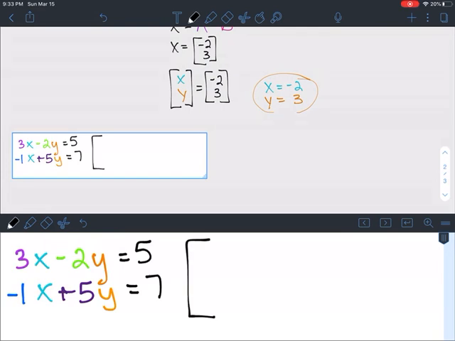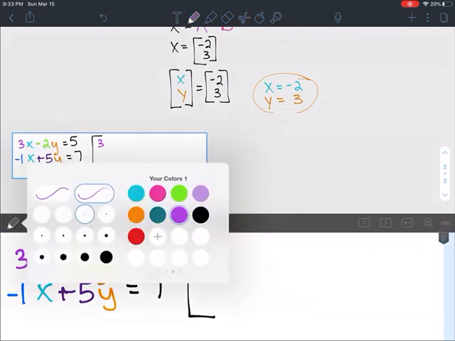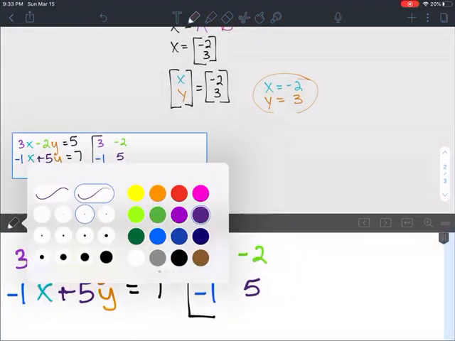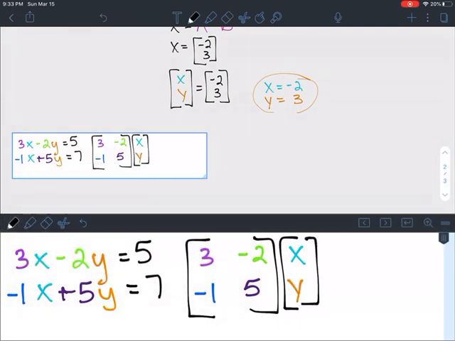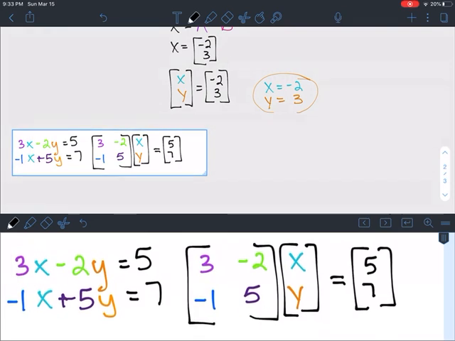So my next step is to just set up this matrix equation looking guy. So again, coefficients in my first matrix, and I'm going to multiply it by a matrix including my variables, and set that equal to my matrix of my constants.